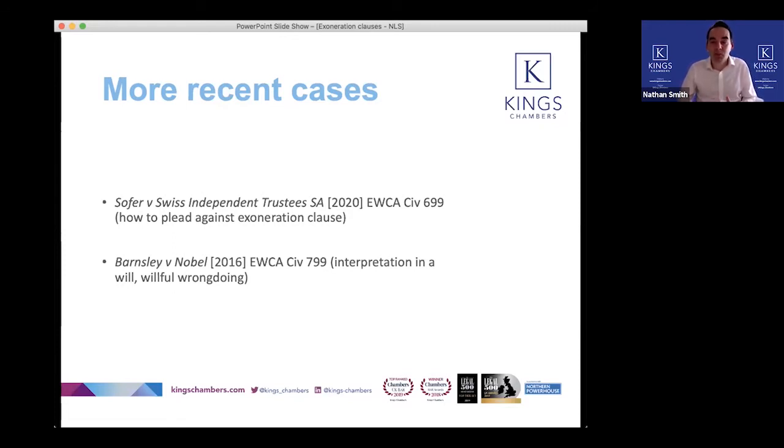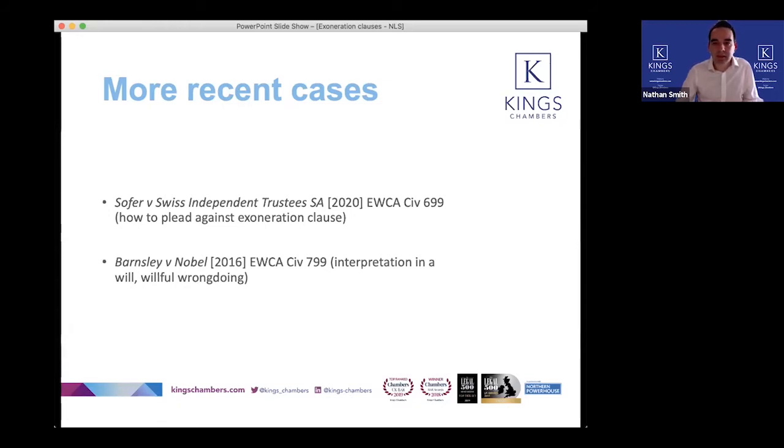And as I said earlier, what the claimant has to show is that there's been a deliberate breach of trust by a trustee who knows or is indifferent to whether the breach was contrary to the interests of the beneficiaries, or whose belief that the breach was not contrary to the interests of the beneficiaries was so unreasonable that no professional trustee could have held it.